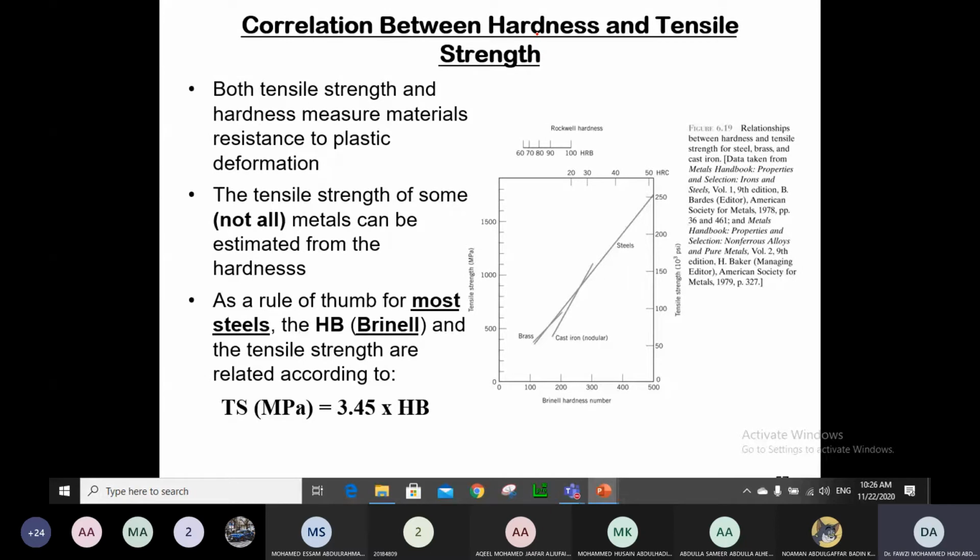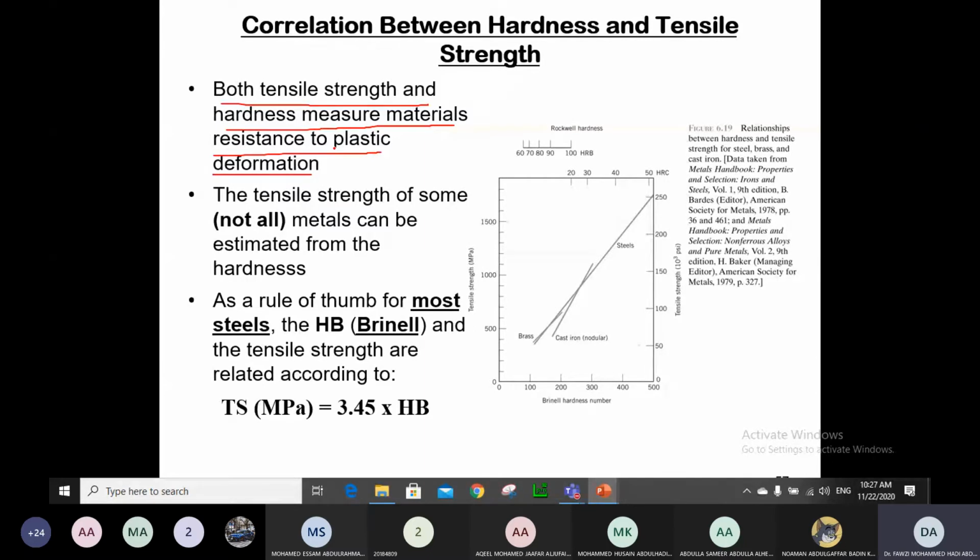So basically both of them are resistance to plastic deformation, but one is local plastic deformation, and the other is the global response of the material. Both tensile strength and hardness measure material resistance to plastic deformation, so since both are related to that, they must be related in some way as well.